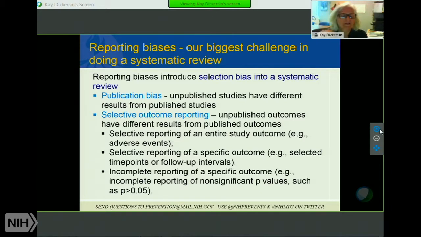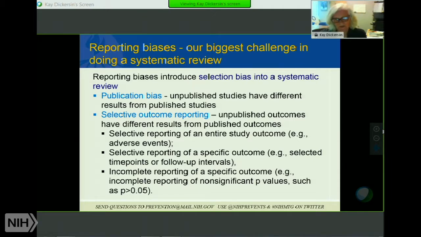You're doing a systematic review of whether aspirin is effective in preventing heart attack. If our published studies are all positive results and our unpublished studies are not positive results, then you can see the systematic review, depending just on published studies, would incorrectly overstate the usefulness of aspirin in preventing heart disease.